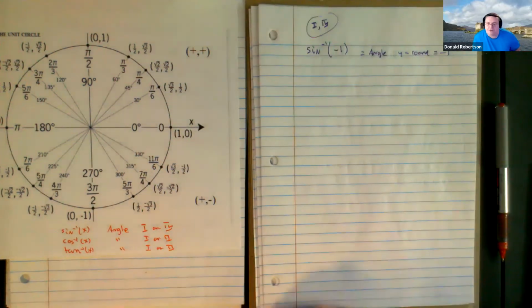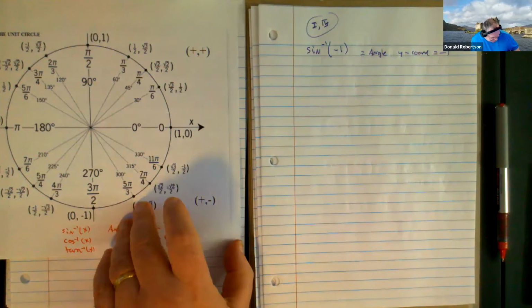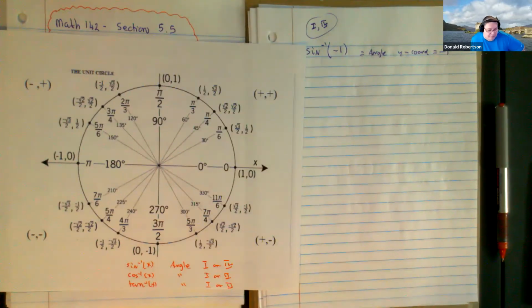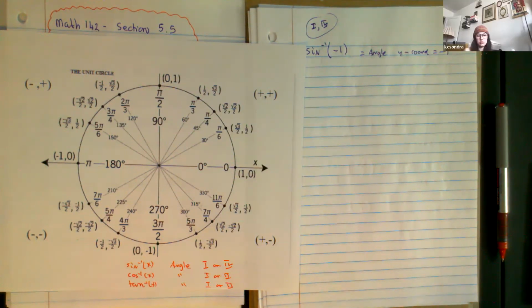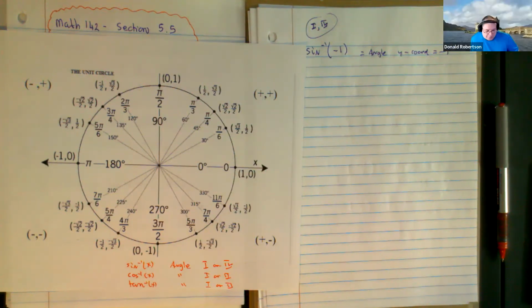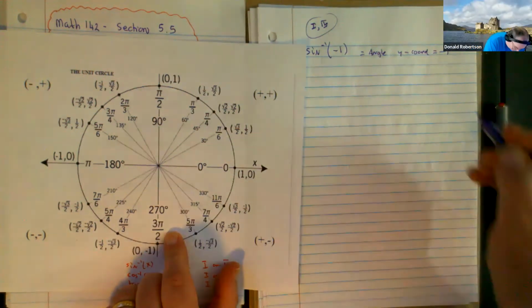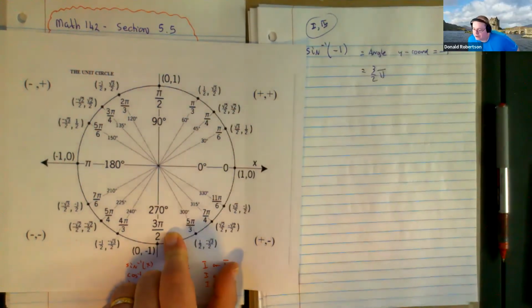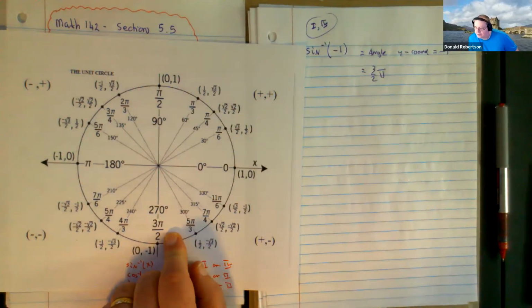What is the only angle in the first or fourth quadrant which has a y-coordinate of -1? Would it be 270? Yep, 270 degrees, but we're going to use radians because Webwork just wants everything in radians.